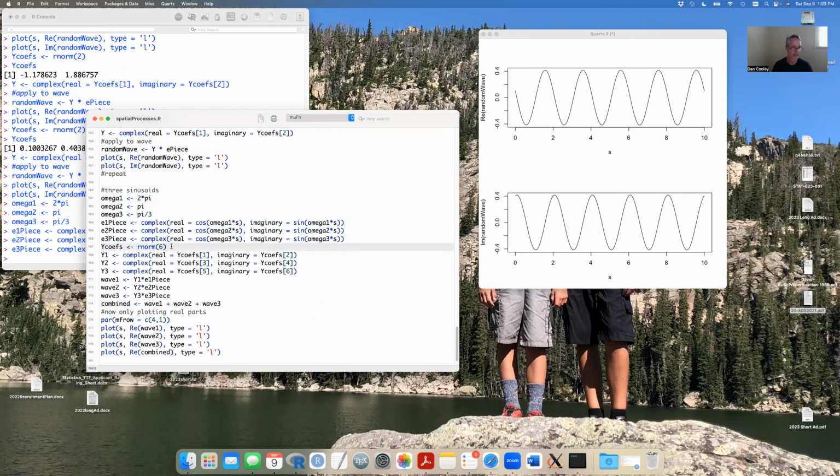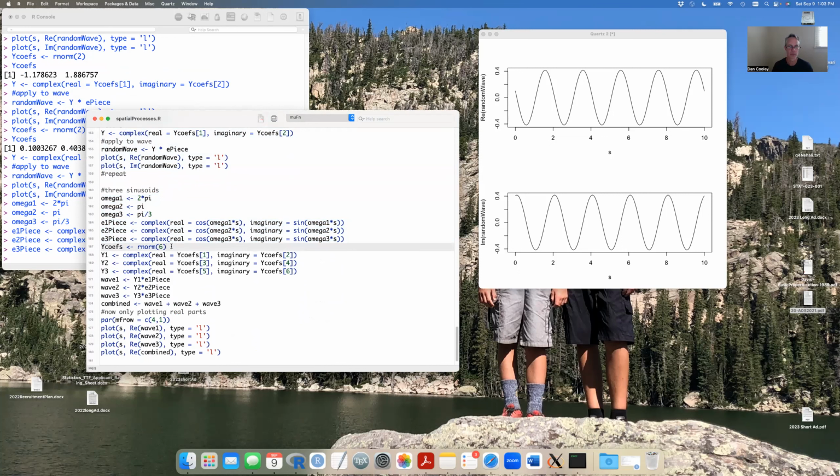And now I need 6 random pieces. I've got 3 waves, each with real and imaginary parts. So I'm going to draw 6 normals. I'm going to create 3 complex y's from those random normals. I'm going to create 3 waves, and I'm going to create the combined wave.